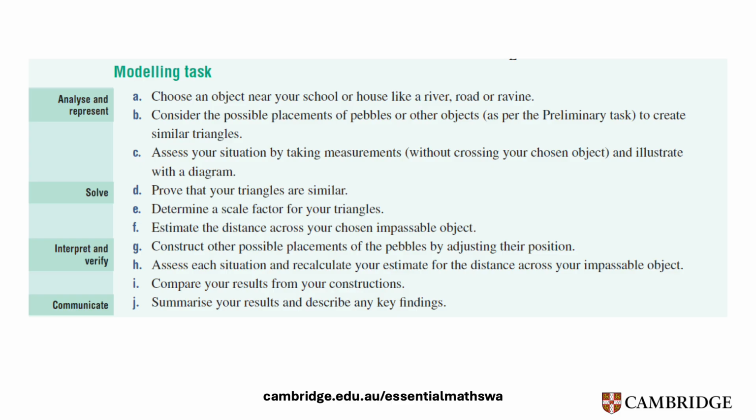So they're modelling the situation and they're drawing diagrams, taking measurements, and creating something that they might be able to use mathematics with. Then, to solve, they would prove and confirm that the triangles are similar, determine a scale factor, and then solve the problem by using that scale factor to estimate the distance across the river or the ravine.